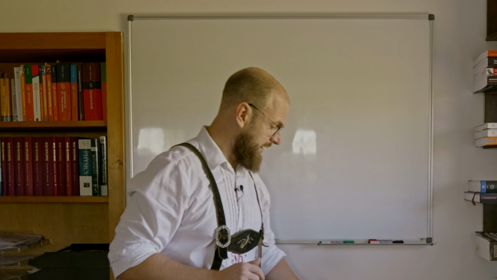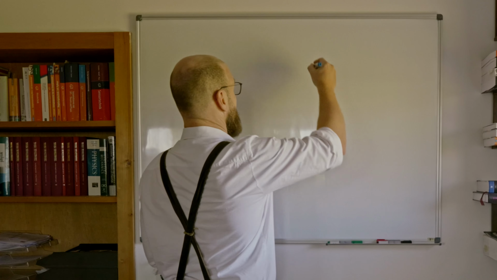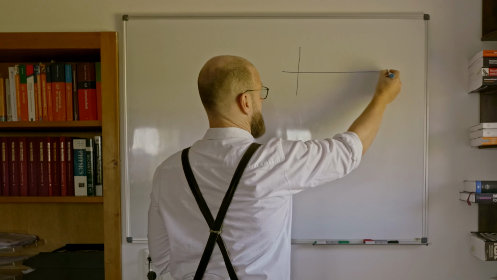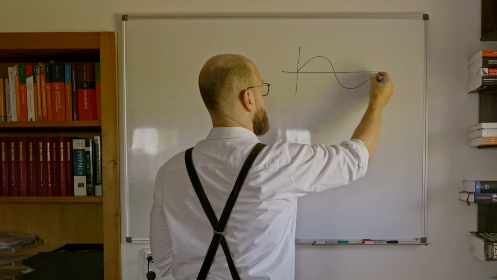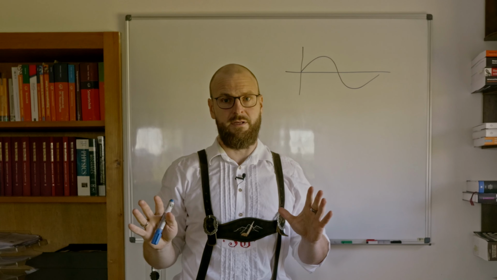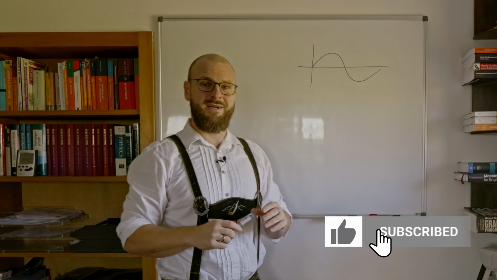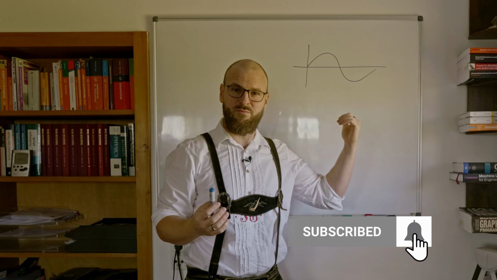So, what do we think of when talking about alternating currents or voltages? Normally we think of something which has the form of a sine or cosine and looks quite straight and similar. But normally we don't have those perfect forms.